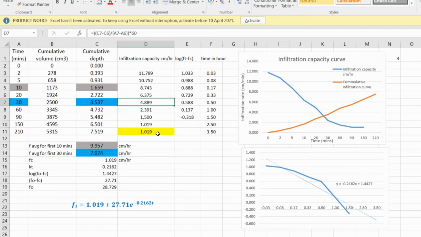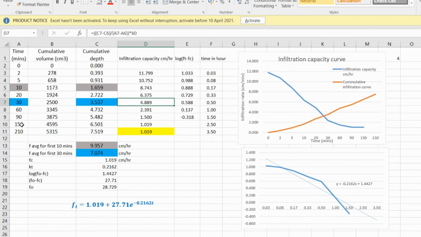So you can observe a few things from here. Till you reach 90 minutes, it was 1.5. Immediately when you go to 150 minutes, the infiltration capacity is 1.019, and at 210 it is also 1.019. So you can say that from duration 0 to 150, the rate of infiltration is reducing.